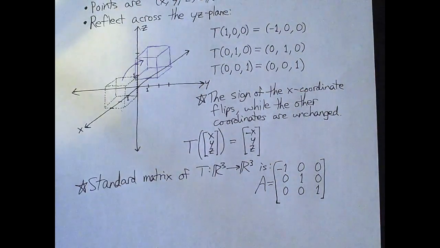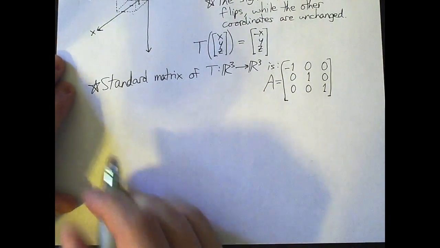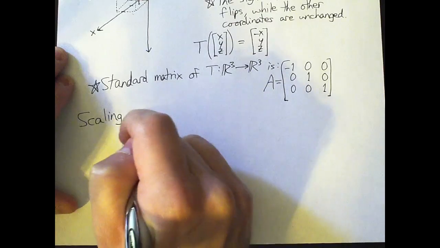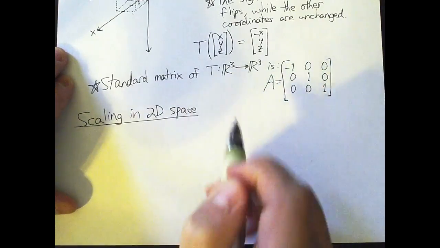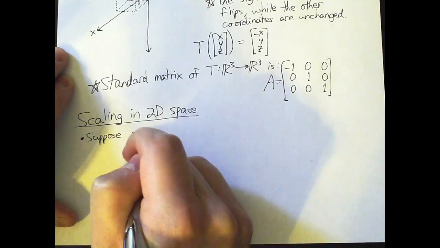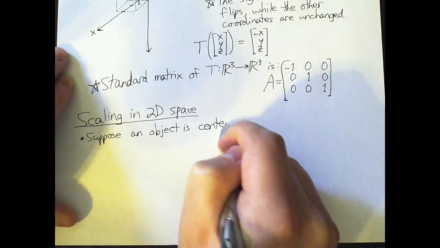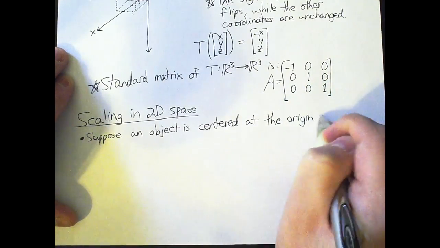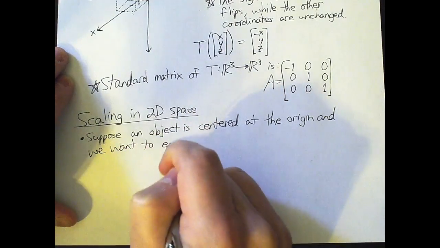So reflections are one kind of transformation. Let's talk about scaling. Scaling, and we'll first start by talking about it in two-dimensional space. And then we'll talk about the 3D version. So suppose an object is centered at the origin, and we want to enlarge it.